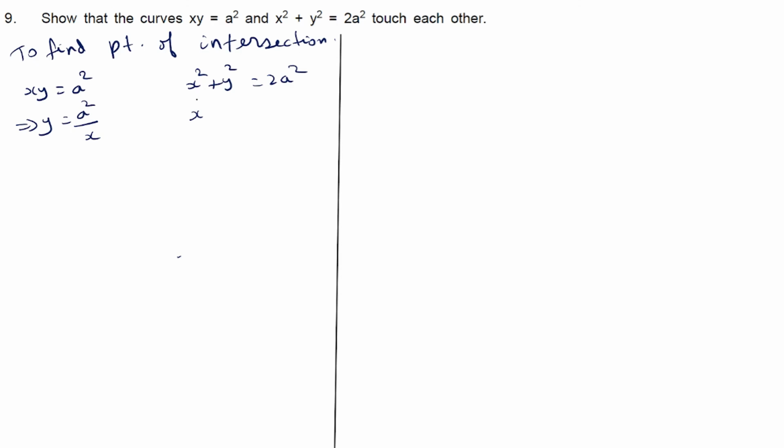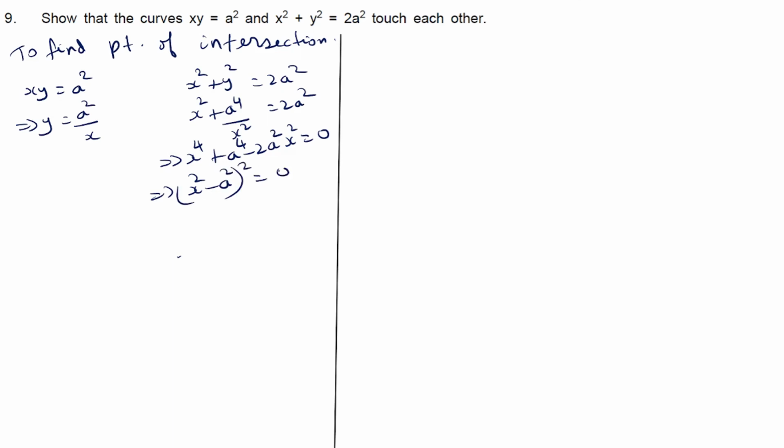Substituting here we get x square plus a raised to 4 by x square equal to 2a square, or we have x raised to 4 plus a raised to 4 minus 2a square x square equal to 0, or we have x square minus a square the whole square equal to 0, which means x is equal to plus or minus a.